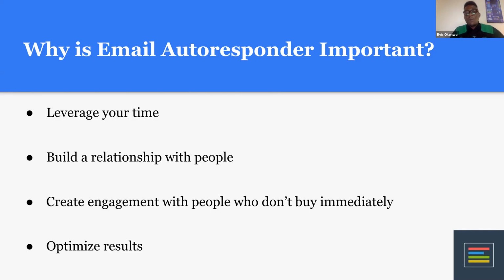And as you have people go through that, you can see what is working and how you can improve it. Versus if you do it manually, sending out emails to people, it's difficult to track the results to see what is working and how to improve it. So with the autoresponder email, you can check all those stats and see, okay, this email is performing better than this one, and you can promote and make different changes to optimize your results. So very important.